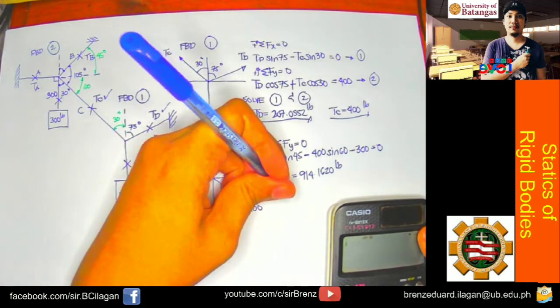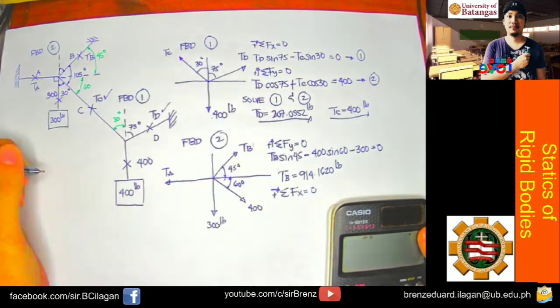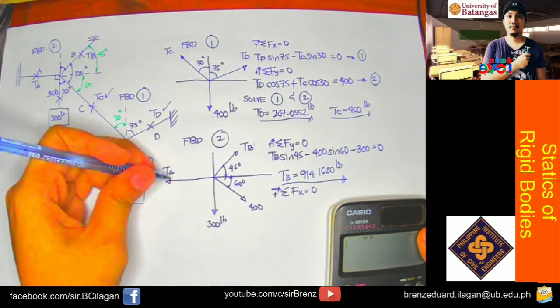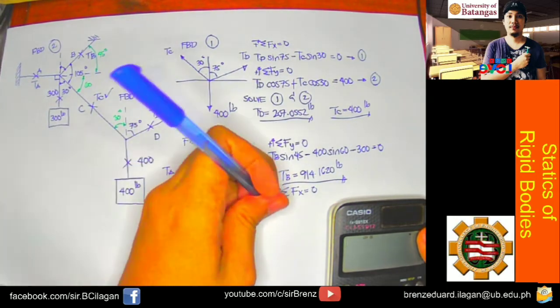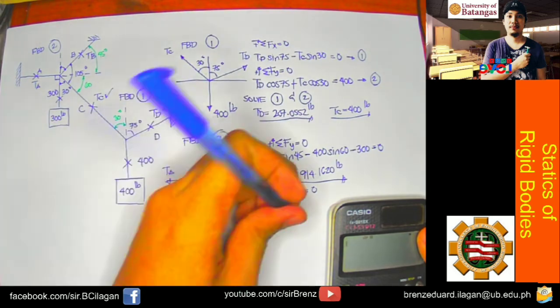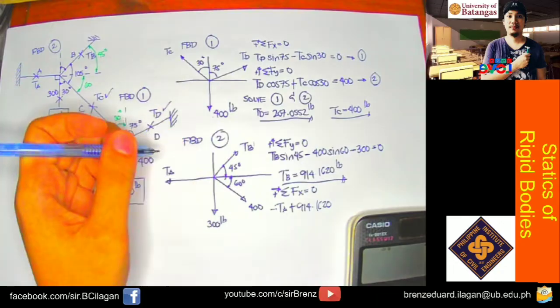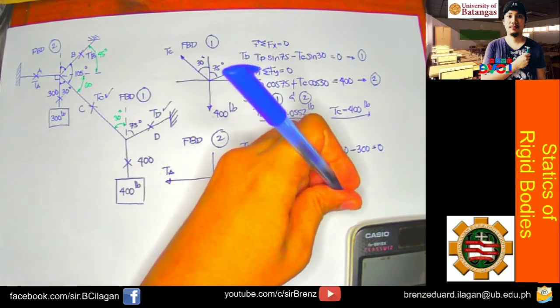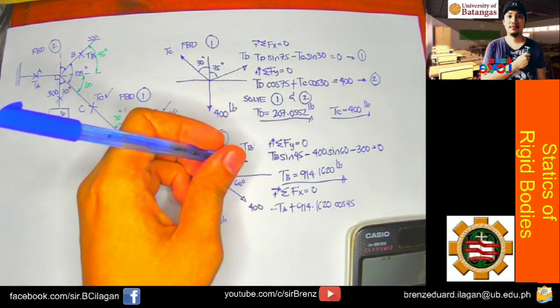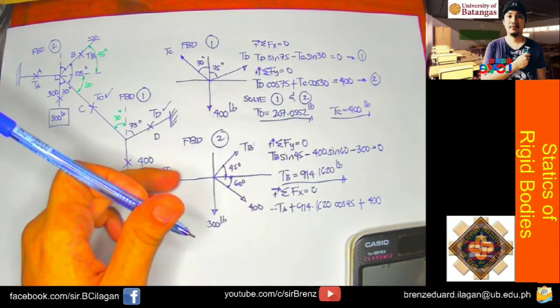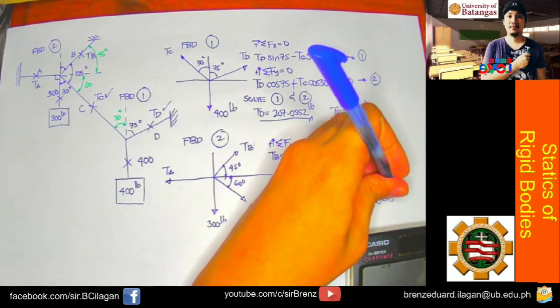And then since we now have the value of TB, we can now proceed with summation of forces X. Summation of forces X equals 0. So let's start with this. TA, since it is going to the left, so minus TA plus TB, which is 914.1620 multiplied by cosine 45, and then plus 400 cosine 60.